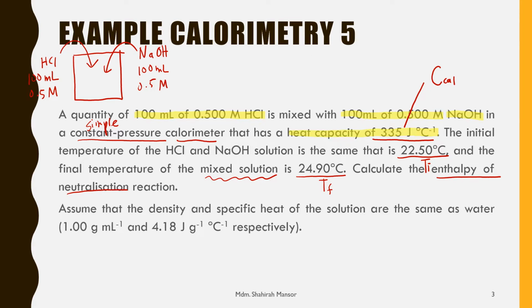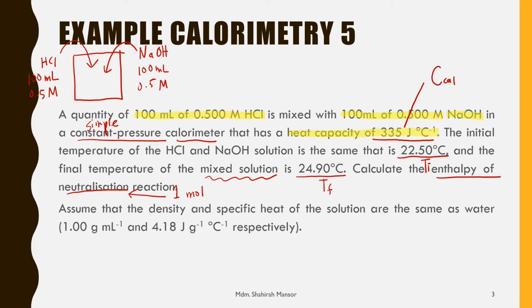Awak nampak je ada nama of the enthalpy, contohnya enthalpy of neutralization ke, enthalpy of combustion ke, ataupun enthalpy of atomization dan sebagainya. Bila ada je nama of the enthalpy, itu bermaksud that enthalpy akan merujuk kepada 1 mol. 1 mol of apa itu akan bergantung kepada definition of the enthalpy tersebut.